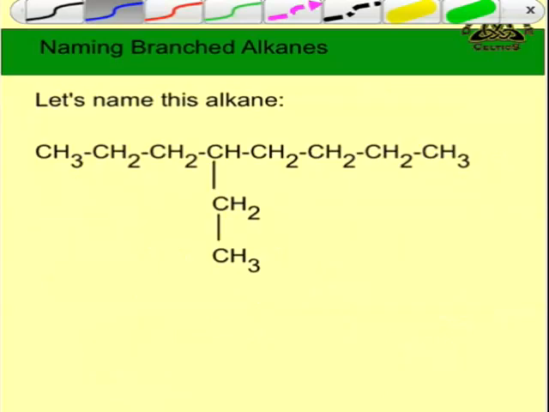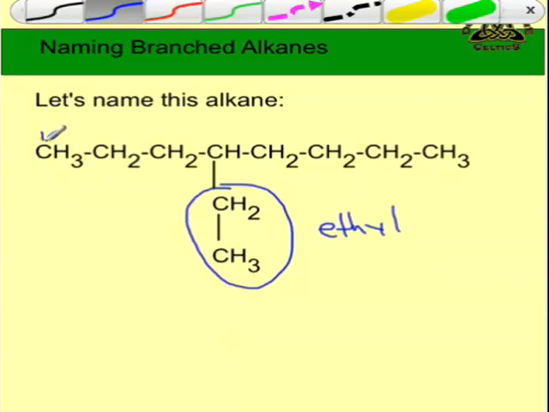Let's do another. We have a branch. This branch consists of 2 carbons. That would make it an ethyl group. We have to find out what carbon it's off of.